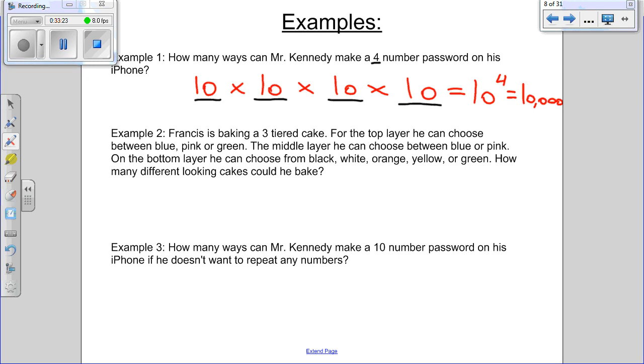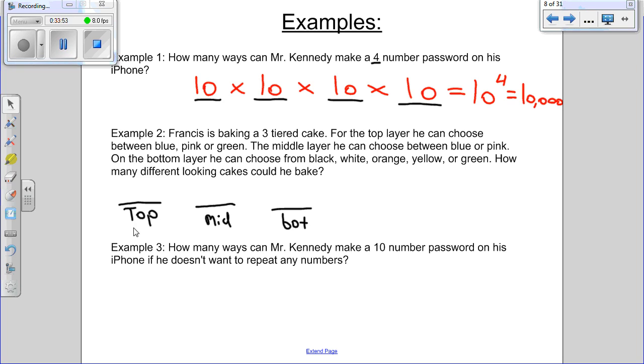Put 3 spots. That's the top tier, middle, bottom. Those are my 3 placeholders. How many possible colors were there for the top? 3 goes in that placeholder. There was a possibility of blue, pink, or green. So 3 colors.